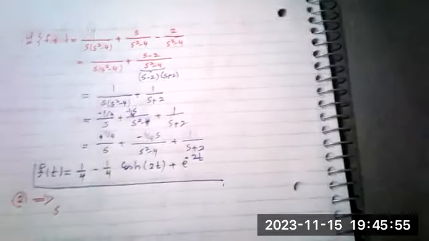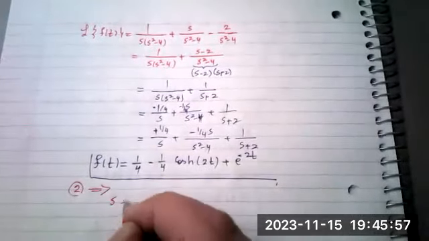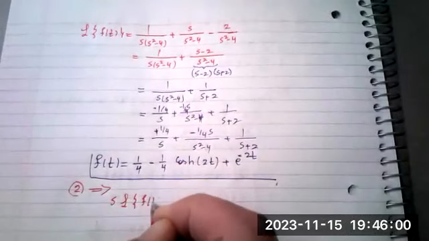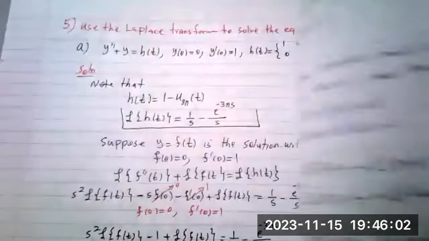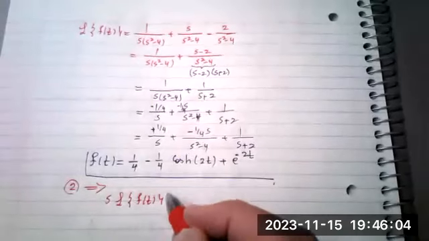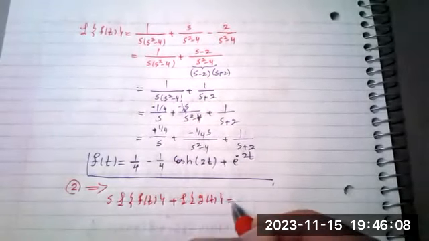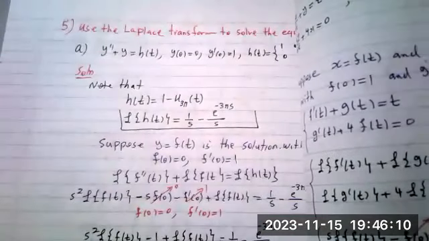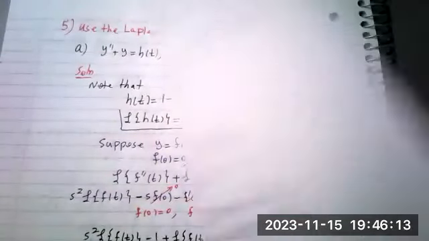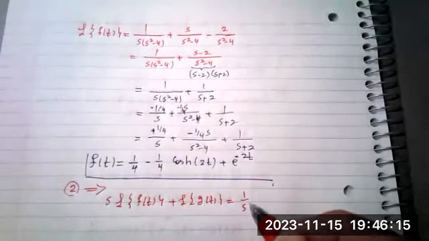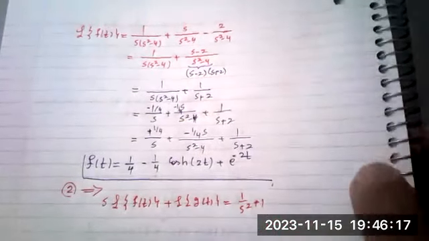So equation number 2 is this one. s times the Laplace of f of t, plus the Laplace of g of t, and on the other side, you have 1 over s squared plus 1.